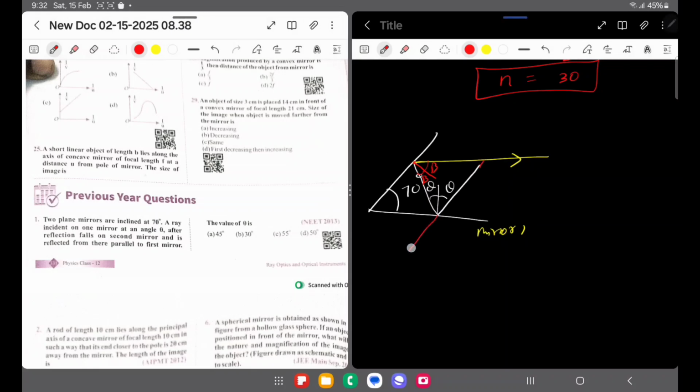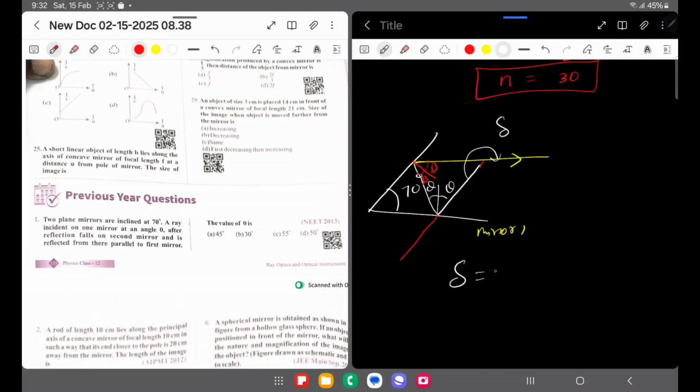So the total deviation angle we can calculate.